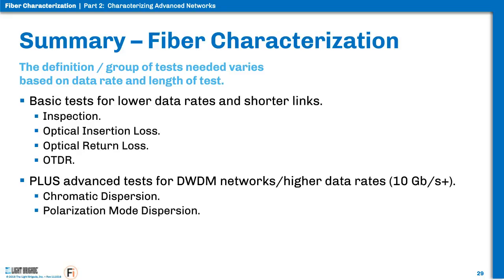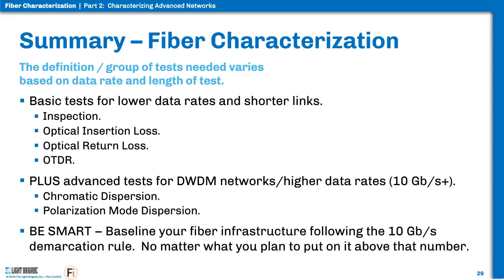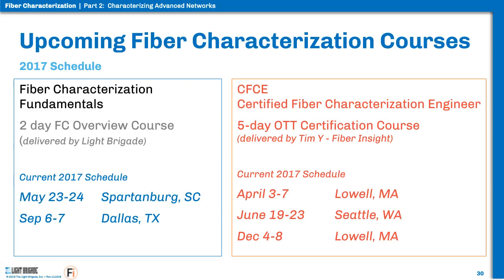The demarcation point here is 10 gigabits per second and higher, and that's adding the CD and PMD as a minimum, and also possibly the spectral attenuation. But be smart. Baseline it following the 10 gigabit per second demarcation rule. And if you're going to be transmitting 10 gig or higher, test it across the board with all of those things, including the advanced stuff.